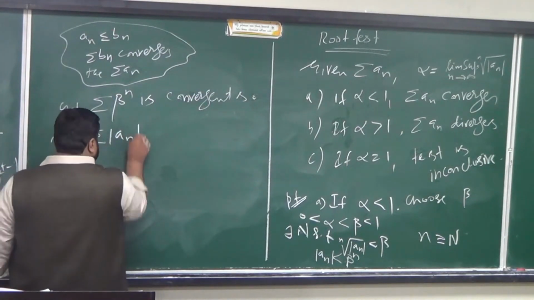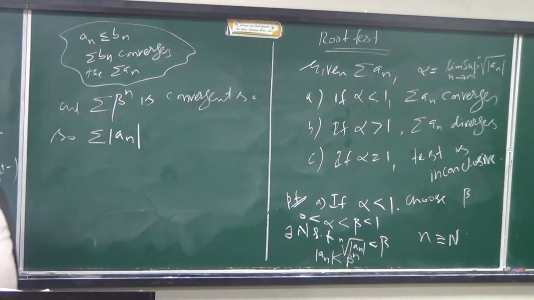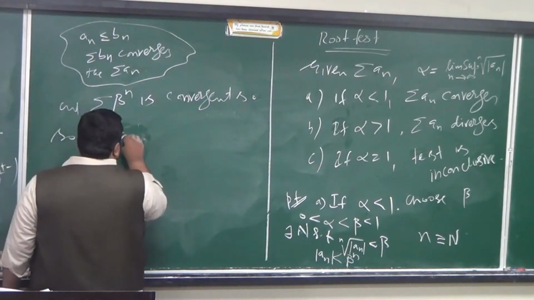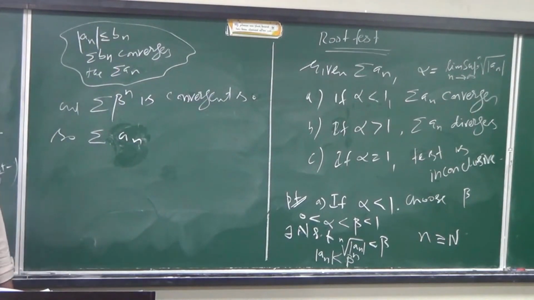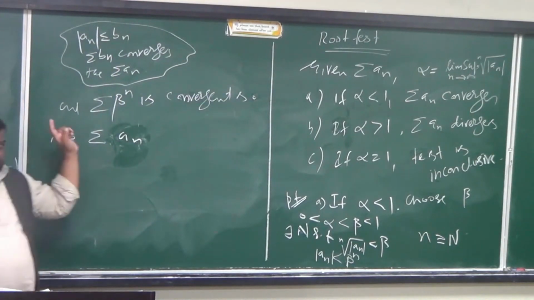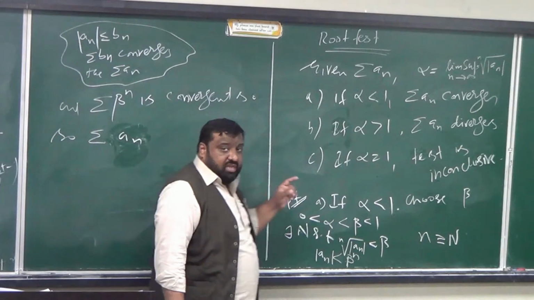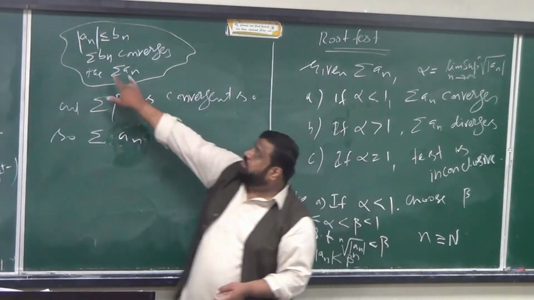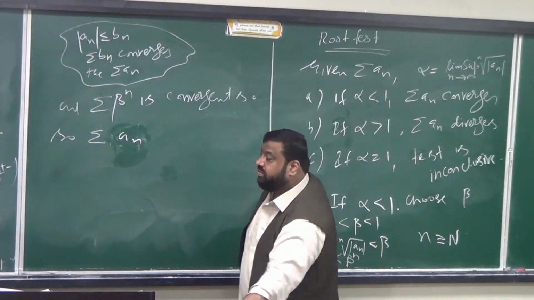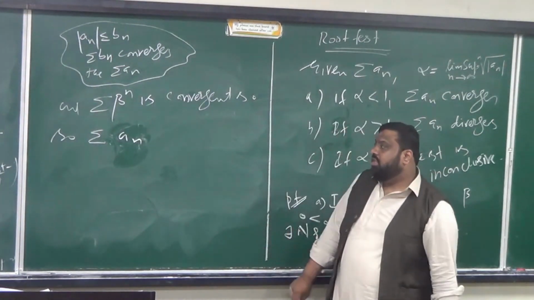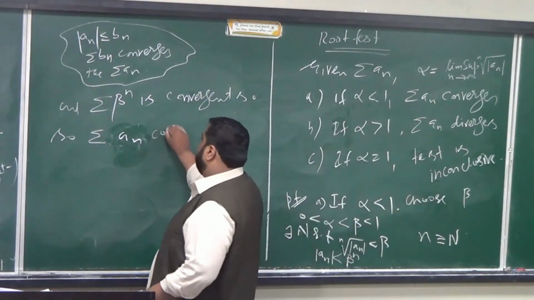This guy converges. Even this guy converges, because you have the absolute value. If you remember, in the comparison test you have the absolute value here. You can check. So if this is true, you're going to say that this converges.